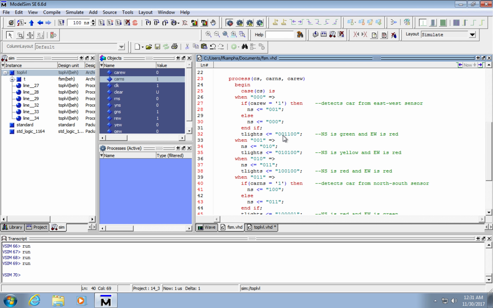So the outputs here are 0, 0, 1, 1, 0, 0, and basically it's dictating which lights are on for which direction. So here, north-south is green, and east-west is red. So 0, 0, 1, this part means that north-south is green, and the other part means that east-west is red.